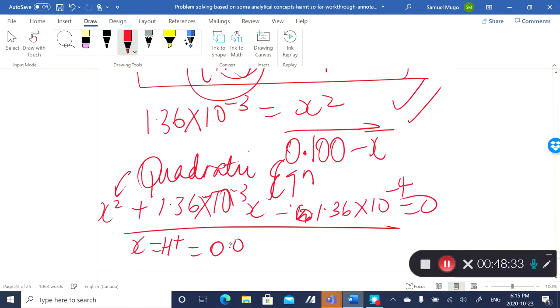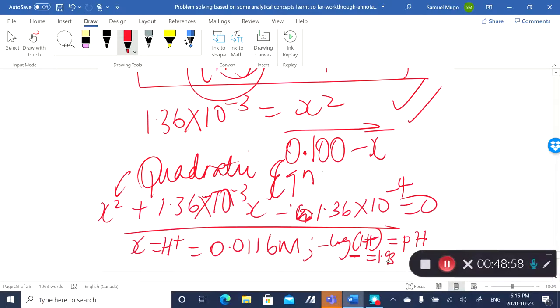Just confirm this. And when you take the negative log of the hydronium ion concentration, which is the definition of pH, you're going to see the answer is 1.93.